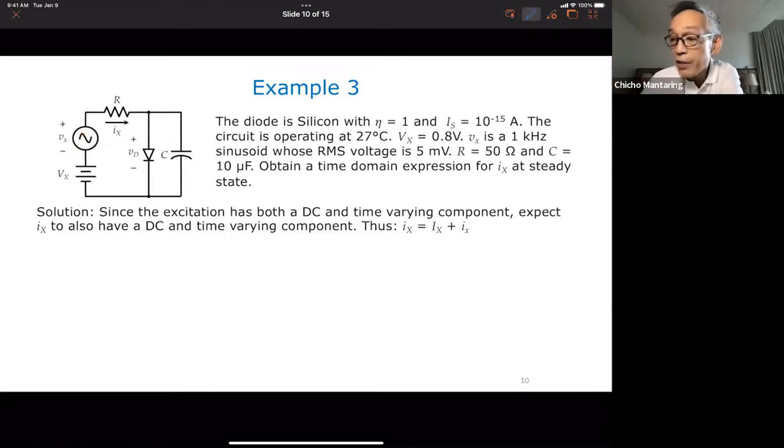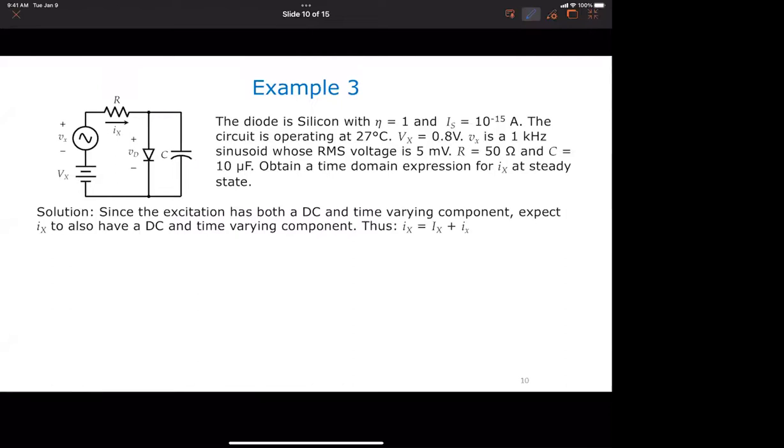Okay. Now the other thing is this. At steady state, what is a capacitor equivalent to for DC? Do you remember? If you're taking up 1338, you would have been refreshed on this, no? So if you have a capacitor and you have a DC circuit at steady state, what is the capacitor equivalent to? Open circuit. That's right, no?